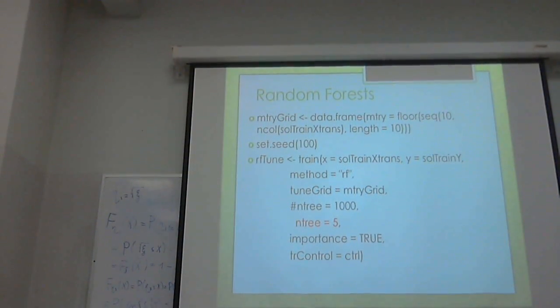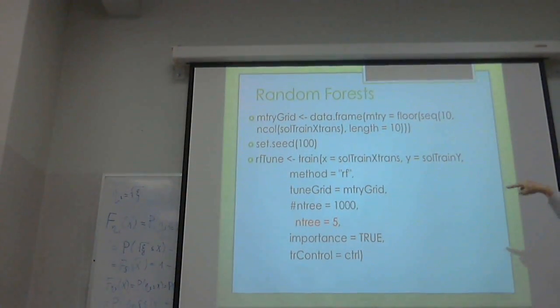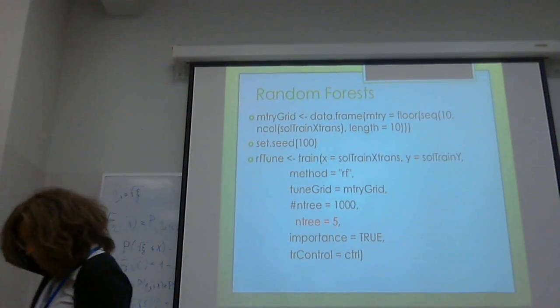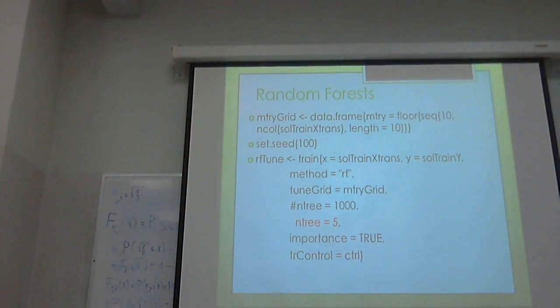Could possibly somebody tell what this function means? Floor, seq, 10, number of columns, length 10. So we create some kind of tuning parameters. This is always the tuning parameter, and try to guess what kind of numbers we are choosing by this syntax.